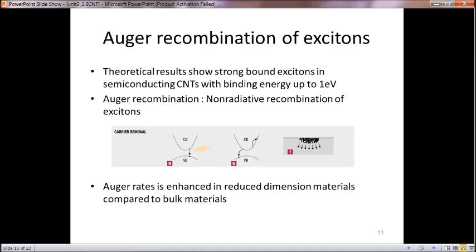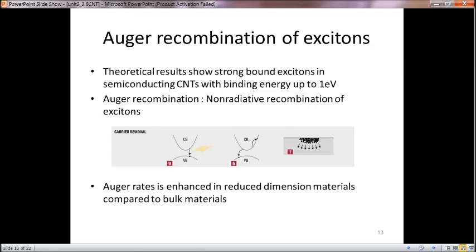So the theoretical results show some strongly bound excitons in semiconducting carbon nanotubes with binding energy of up to 1 electron volt. So this is the carrier removal. We are removing a carrier and making them accumulate at the higher energy level. So here non-radiative recombination of these combined electrons occurs.